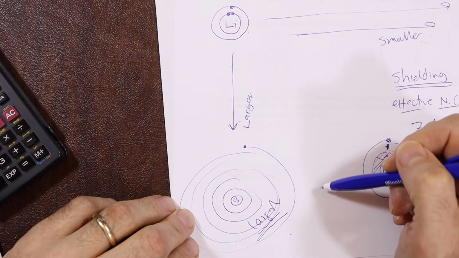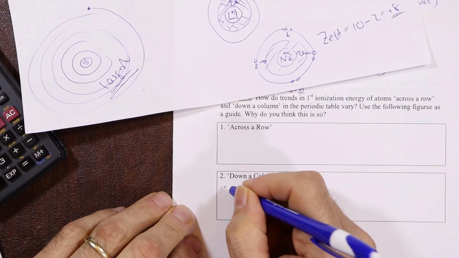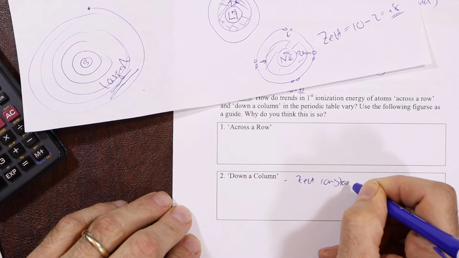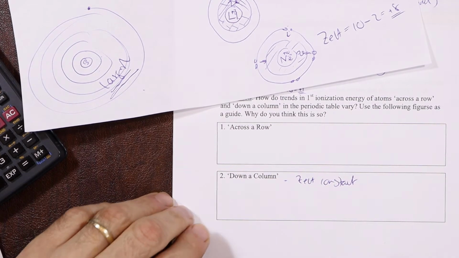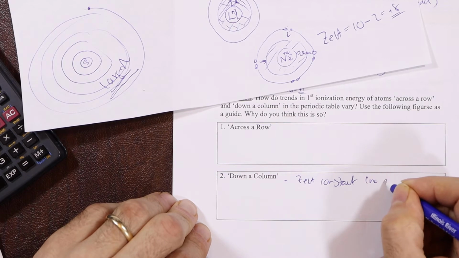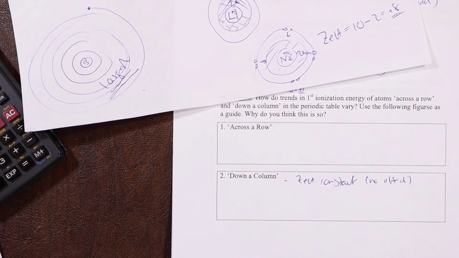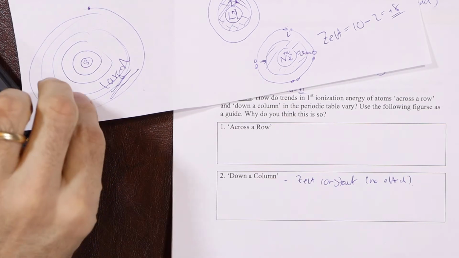Everything in column 2 has the same effective nuclear charge, +1, +2. So down a column, the attractiveness of the nucleus is the same, no effect. Group 1 is attracted to an effective +1 nucleus.